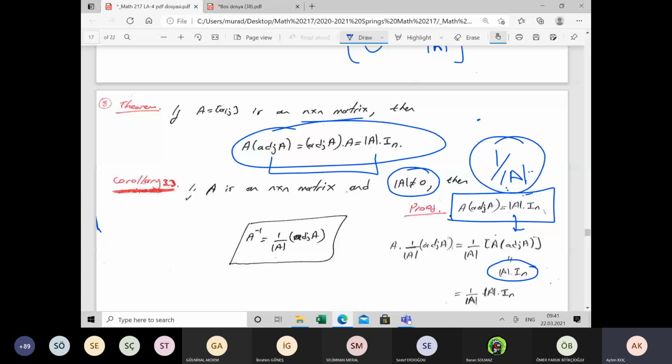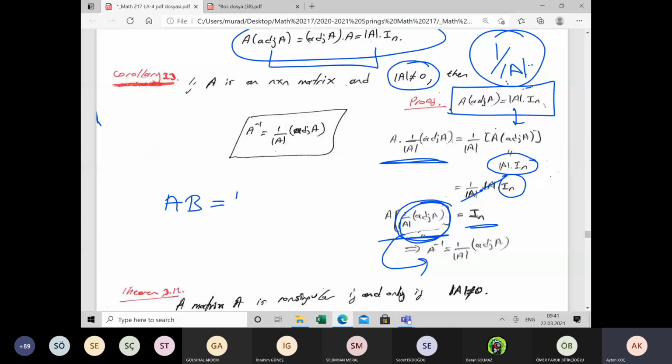So we know the inverse should be unique. A times this matrix is equal to the identity matrix, so this one will be the inverse matrix. If we have A times B equals B times A equals the identity matrix, and using this fact and that the inverse matrix is unique, then B should be the inverse matrix.